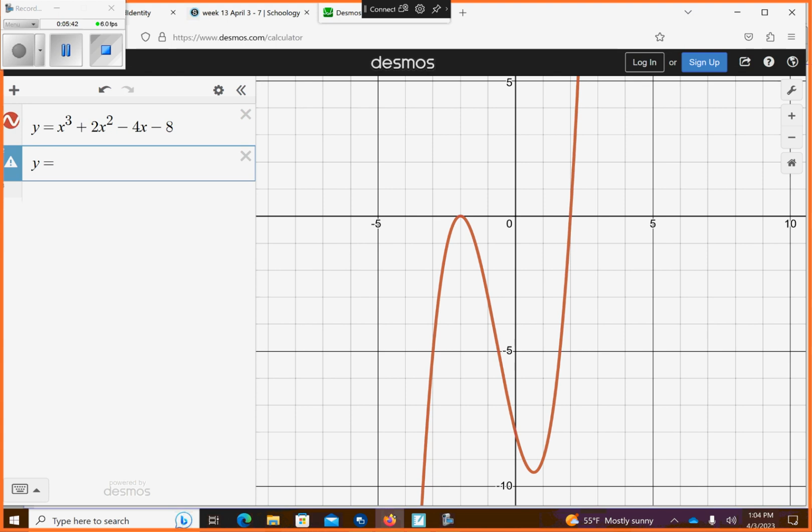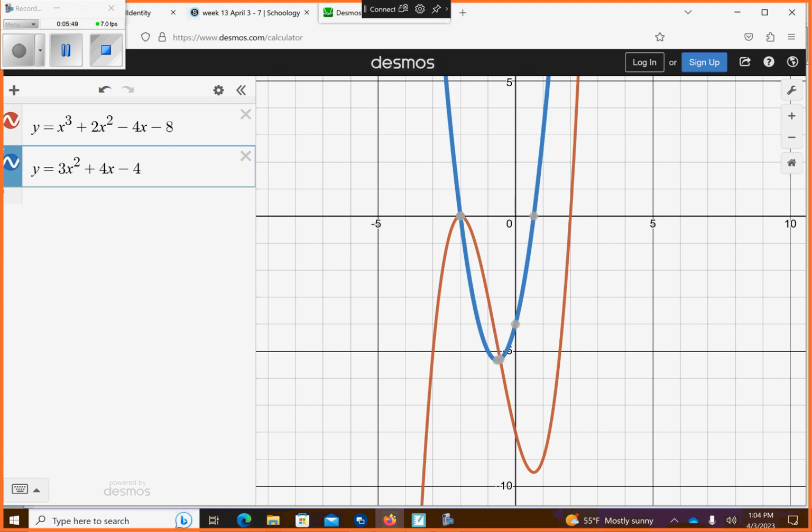Y equals 3x squared plus 4x minus 4. All right, so notice what the derivative is doing. The blue is the derivative. Okay, so we have -2, and then we have 0.667, which is 2/3. So at -2 and 0.667, something took place on this problem.